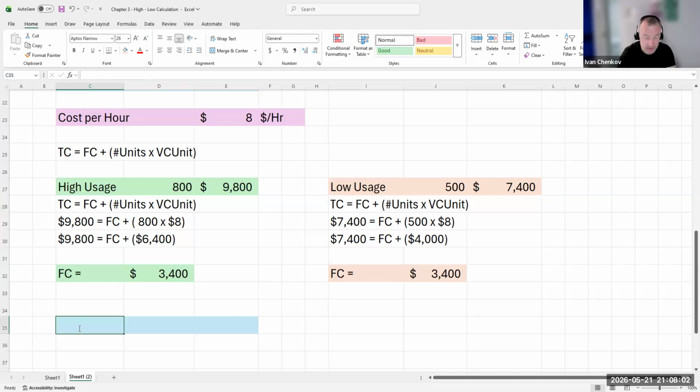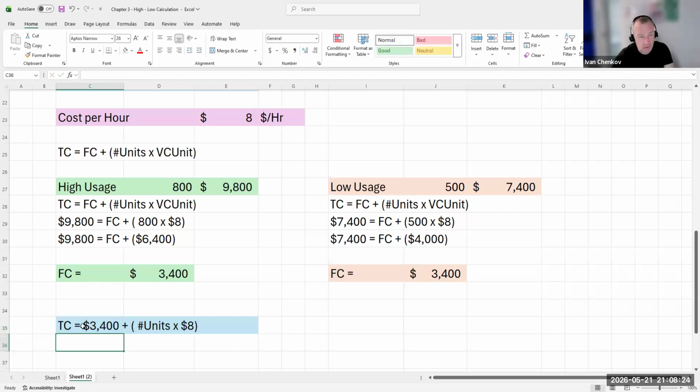So what will be my formula? My formula will be very simple. Total cost should be equal to $3,400, which is the fixed cost, plus number of the units times $8 per unit.